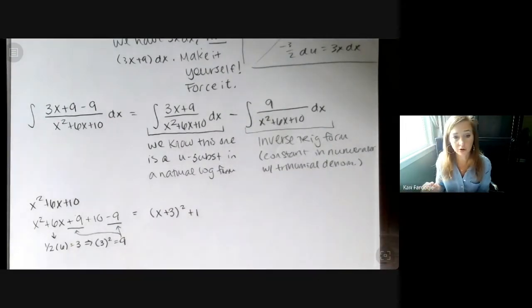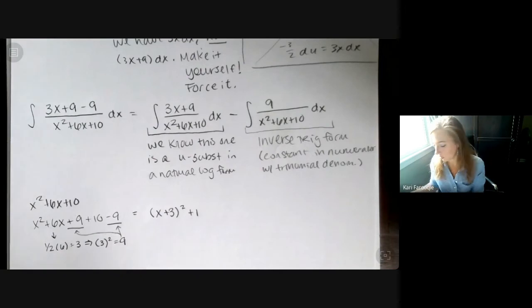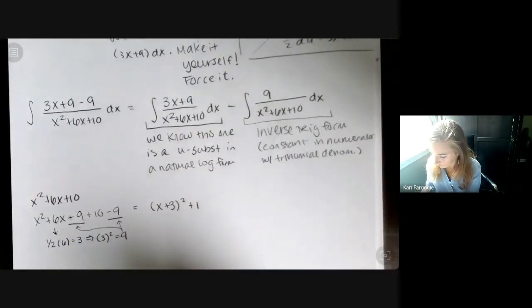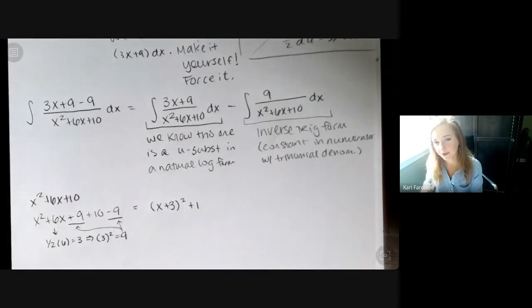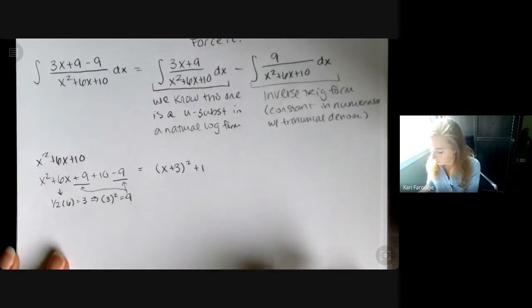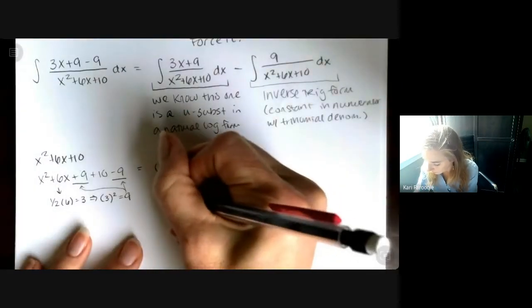And now I'm actually going to write these as two separate integrals. So the notation gets a little funky here, and everyone's going to have a different way of figuring out how they want to write this. I'm going to just summarize this here underneath where we already have it.